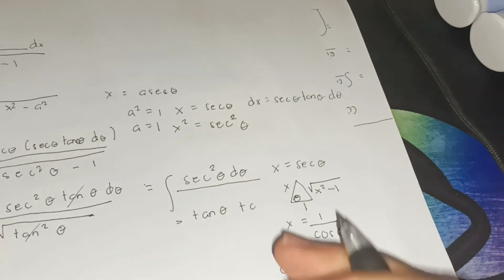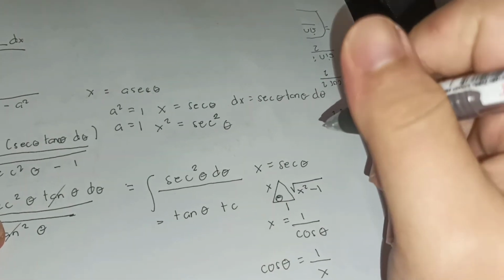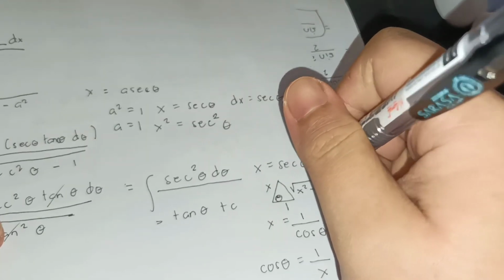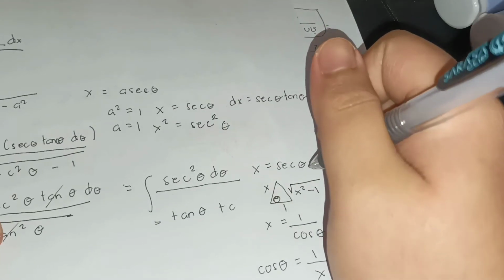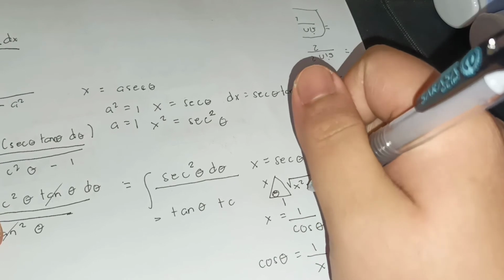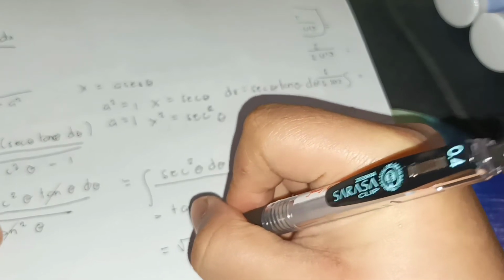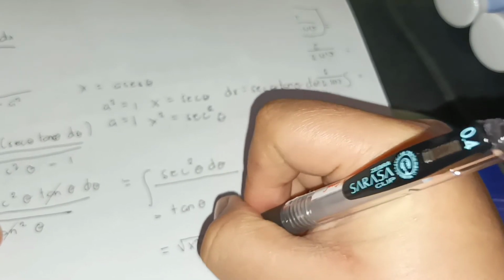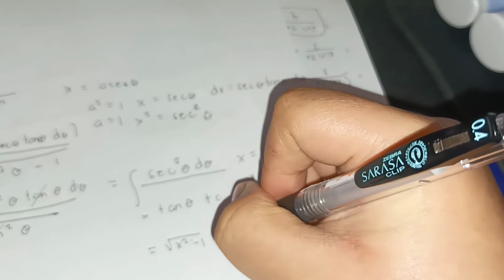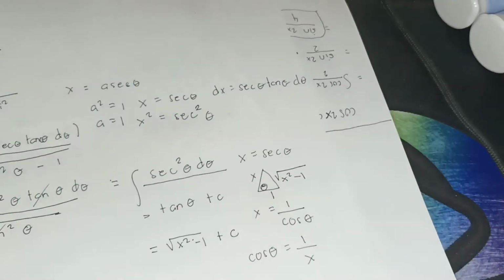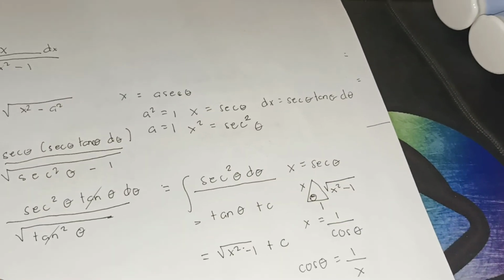We will just base here our tangent is equal to the square root of x squared minus 1, and the adjacent of this is actually 1. So it becomes the square root of x squared minus 1 over 1, plus c. And there you go, our final answer.